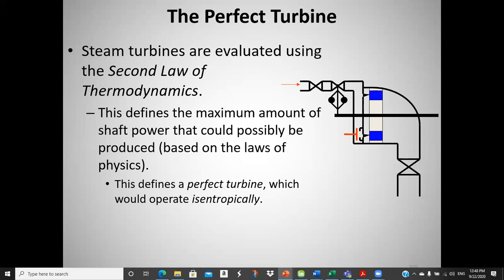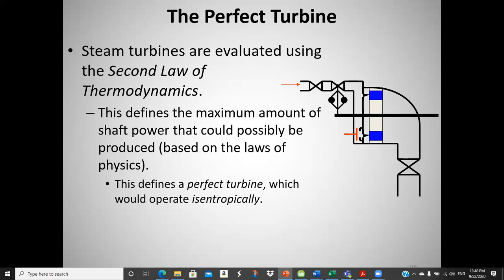It's the same inlet condition and exit pressure. The ideal turbine is going to operate at constant entropy, and the real turbine obviously has an increase in entropy because of friction, turbulence, and dissipative losses going through. So that's where we're going with this using the second law of thermodynamics.